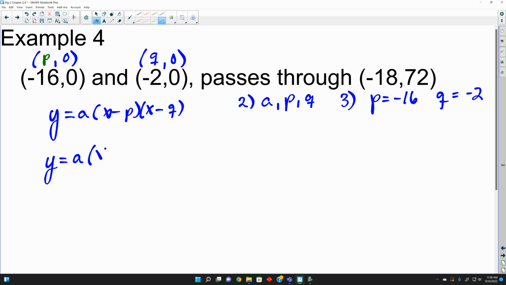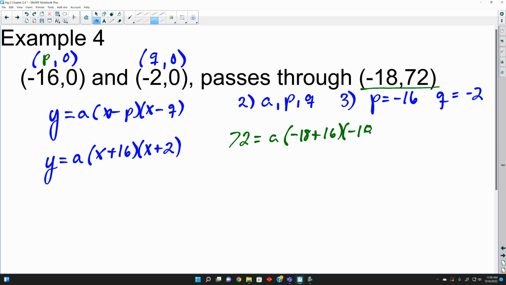And all we need to do is plug it in. And the negative and negative would make a positive. So we end up with A times (x plus 16) times (x plus 2). And last but not least, we need to plug in our point (-18, 72). So we'd have 72 is equal to A times (-18 plus 16) times (-18 plus 2).